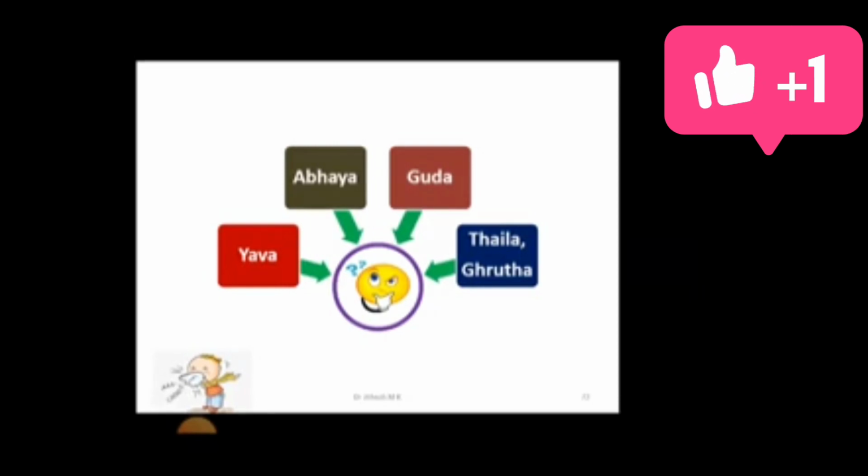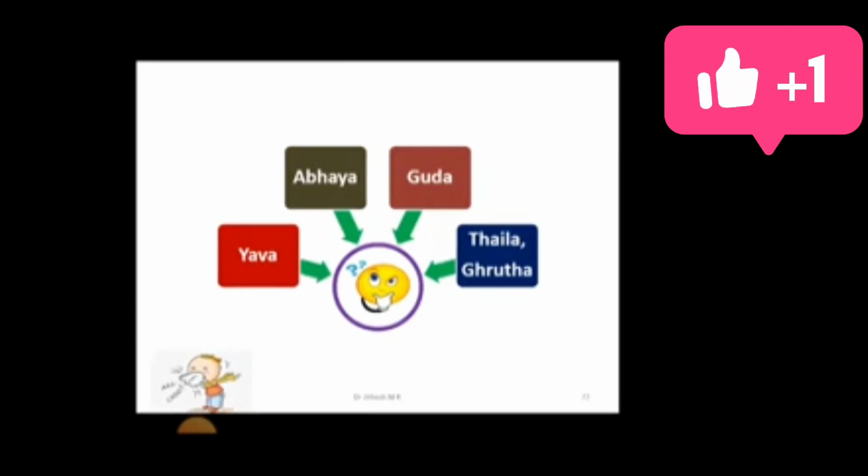Here, when we come to the properties of Yava, another indication follows. Then why is Abhaya given? Swinna Sangrahini: we add Abhaya after boiling. In Bhavaprakasha, the Acharya explained: Charvita Vardhayet Agnim, Pishta Malashodhani, Swinna Sangrahini.